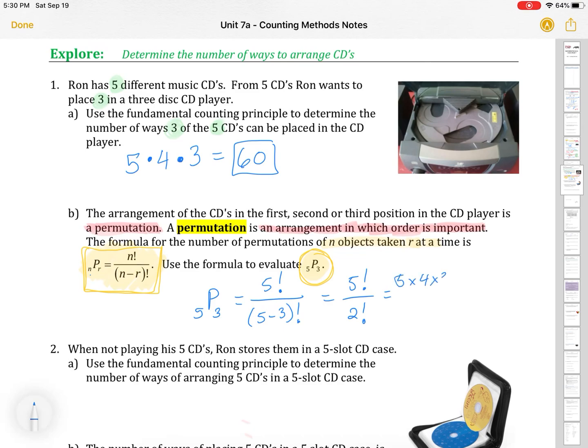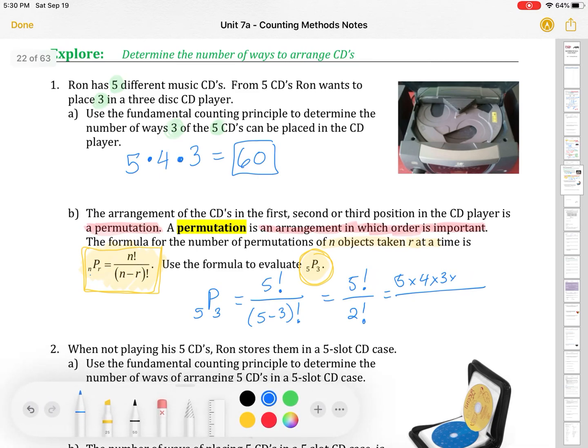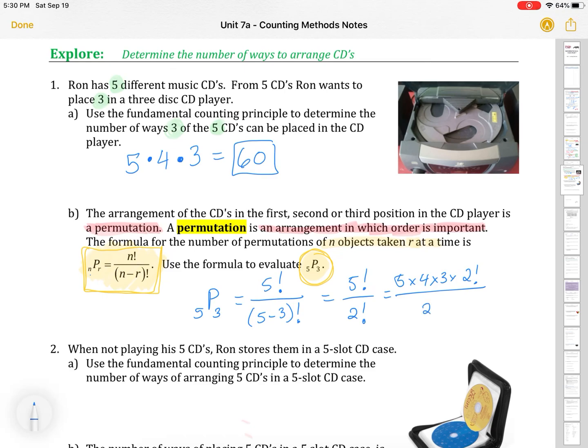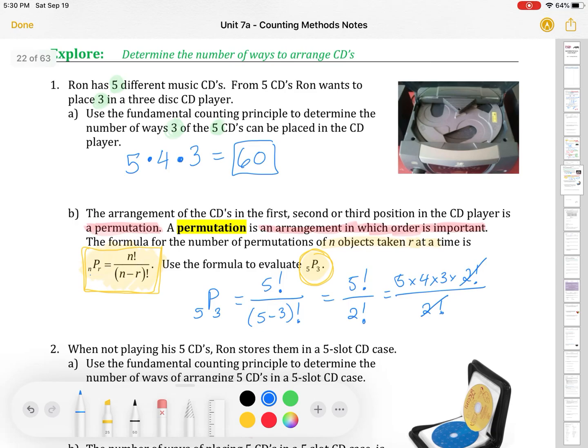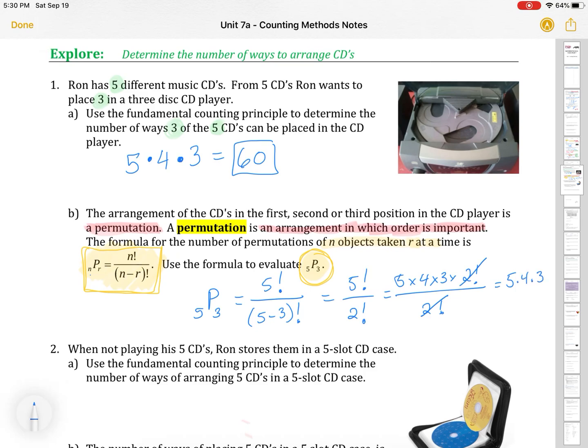So we have 5 factorial over 2 factorial. If we expanded that out, we'd get 5 times 4 times 3 times 2 times 1 over 2 times 1, which is basically 2 factorial. So the 2 factorial divides out, and I get what I had in the previous answer: 5 times 4 times 3 equals 60.